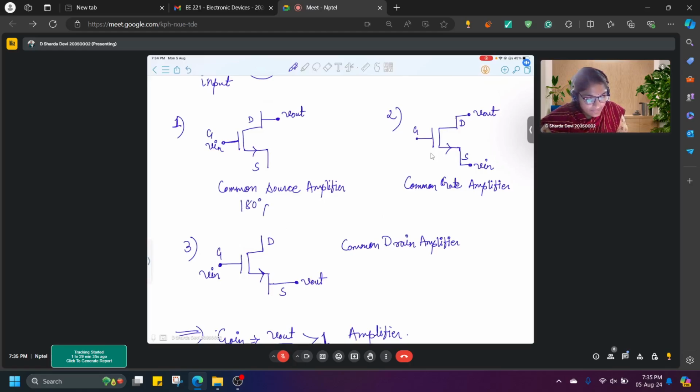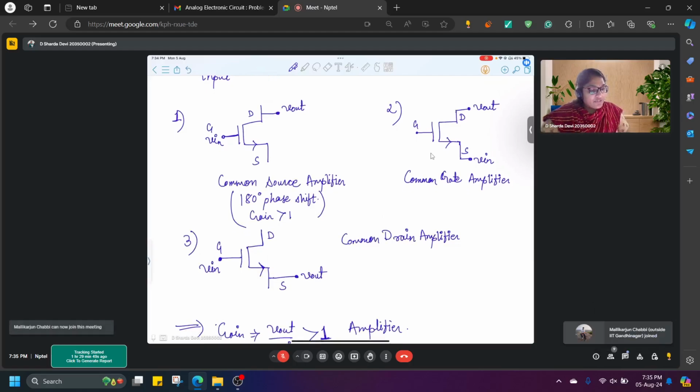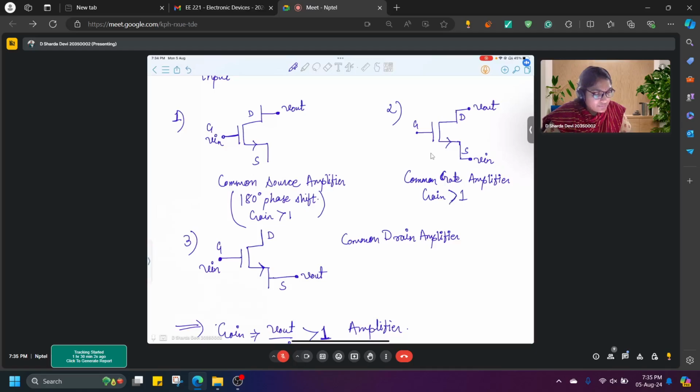180 degrees phase shift, and the gain greater than 1. So this is the property of a common source amplifier. When we talk about a common gate amplifier, here again gain is greater than 1, but you don't see a phase shift. So no phase shift.